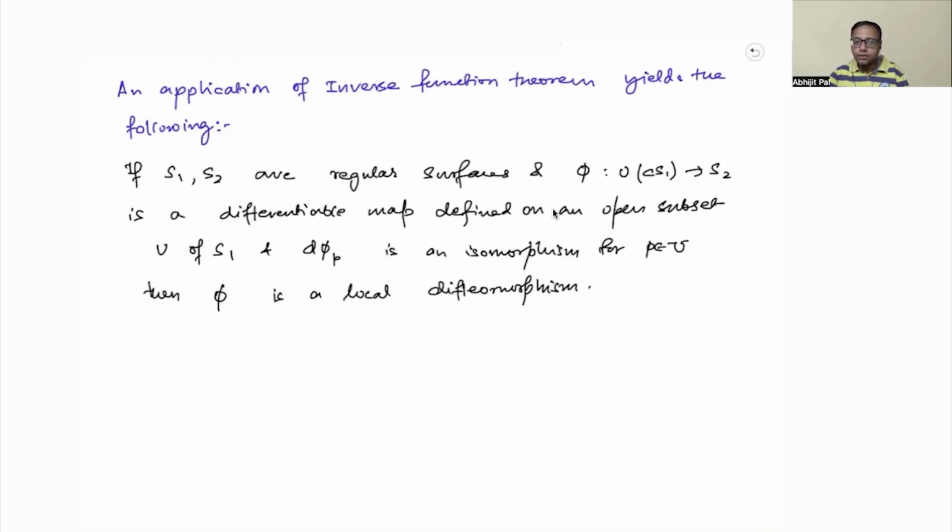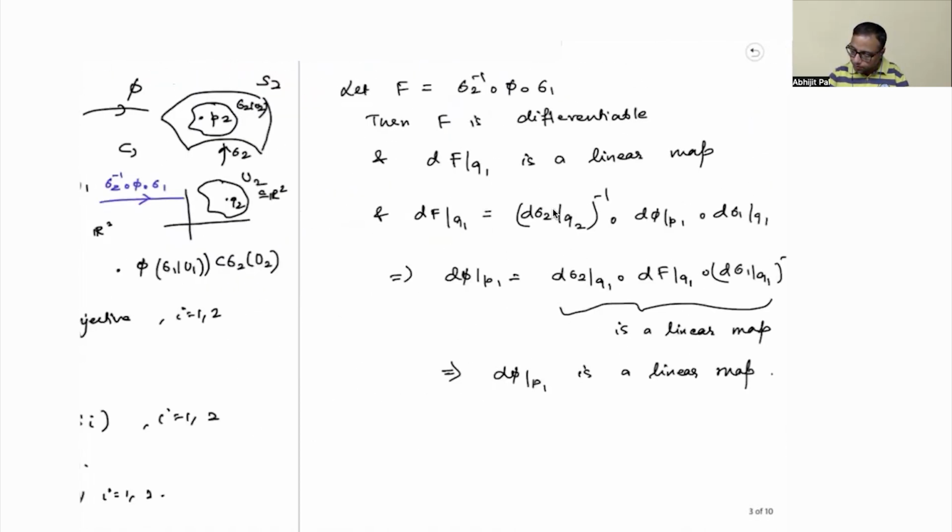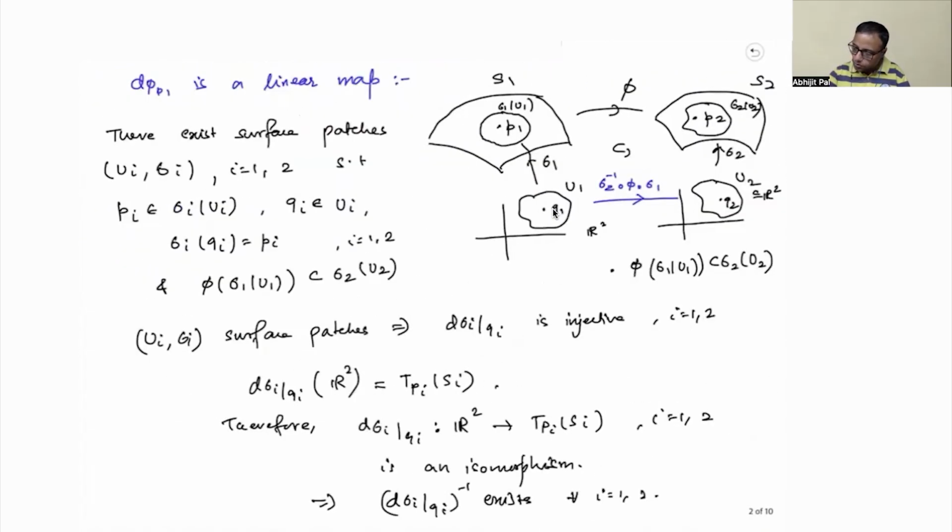Okay. So how to show this thing using inverse function theorem? So you just take this diagram. So suppose this map phi is given from an open subset of S1 to this S2. Okay?